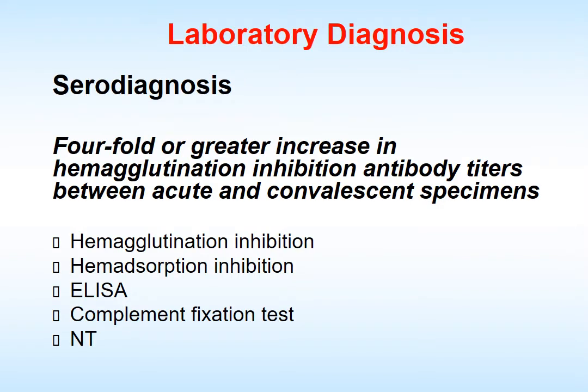And a little bit more about serodiagnosis. You can see on this slide a list of reactions and methods that can be used exactly for serodiagnosis, for detecting the titer or number of antibodies in the serum of patients. It can be the hemagglutination inhibition reaction, hemadsorption inhibition reaction, ELISA, the classic complement fixation test, or neutralization test.